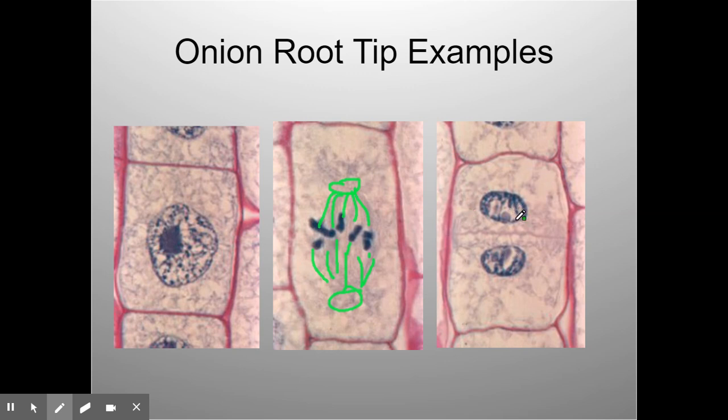And then for this one here, it looks almost like it is in telophase. The reason you can tell that is because inside of your nuclear membrane here that is forming, the nuclear membrane is right here. And inside it, you don't have your relaxed chromatin.